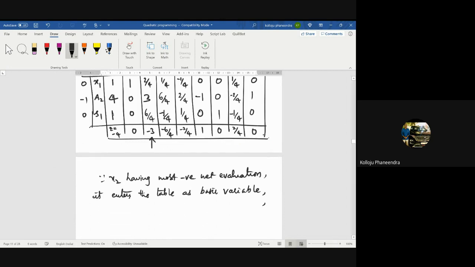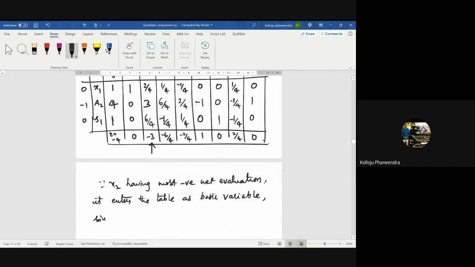Whenever x2 is entering, since mu2 is not basic variable, because this is complementary condition. Since mu2 into x2 equal to 0, mu2 is not basic variable. Now which one is leaving now?